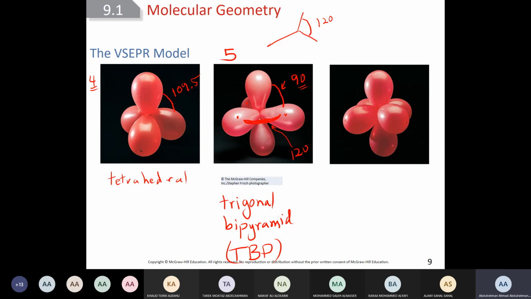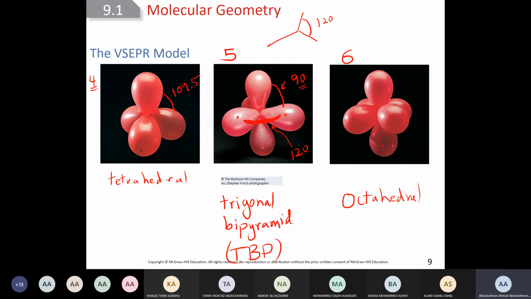It's a square down there, and one up and one down. What's the electron domain for this shape? 6. What's the name of this shape? Octahedral. You have to memorize the name.